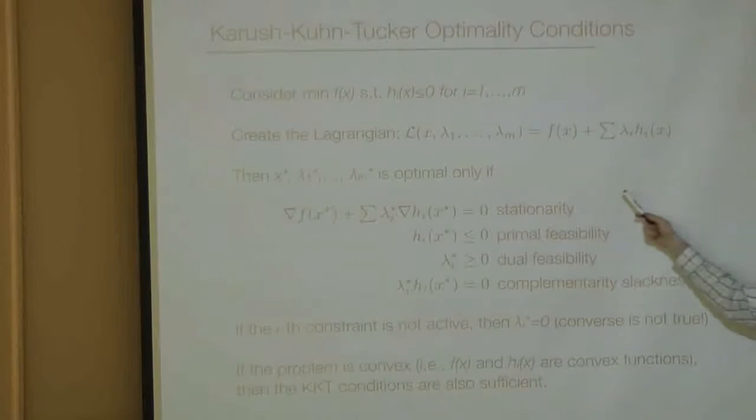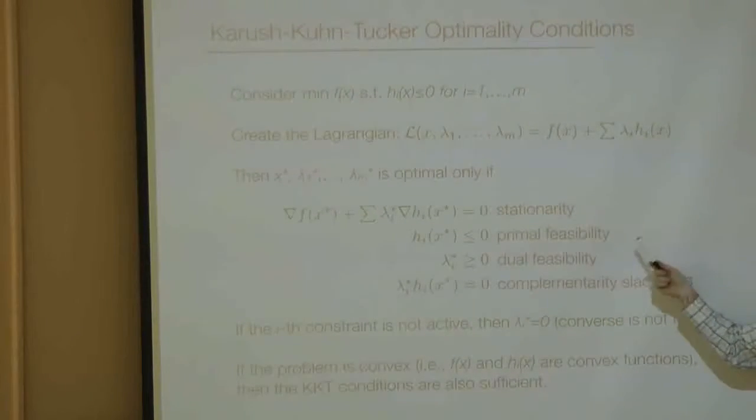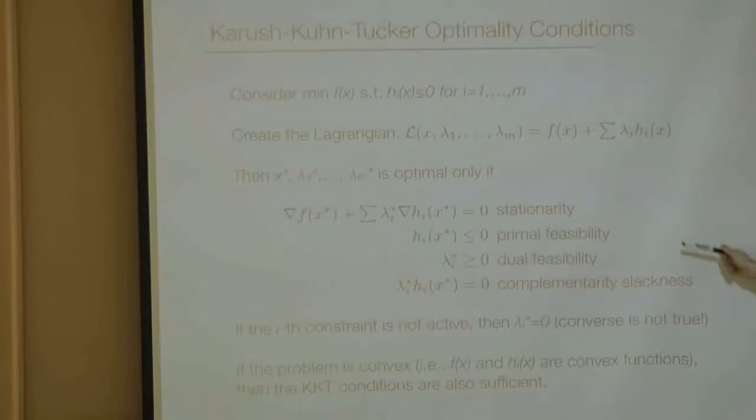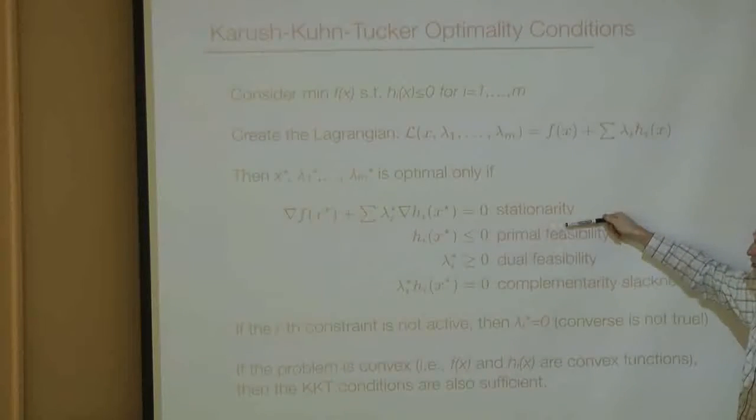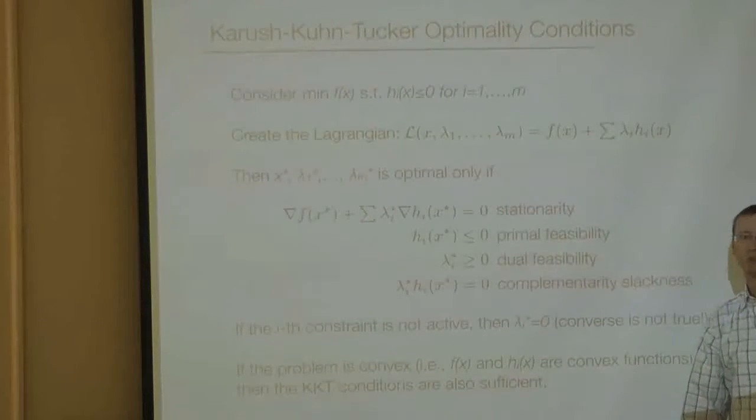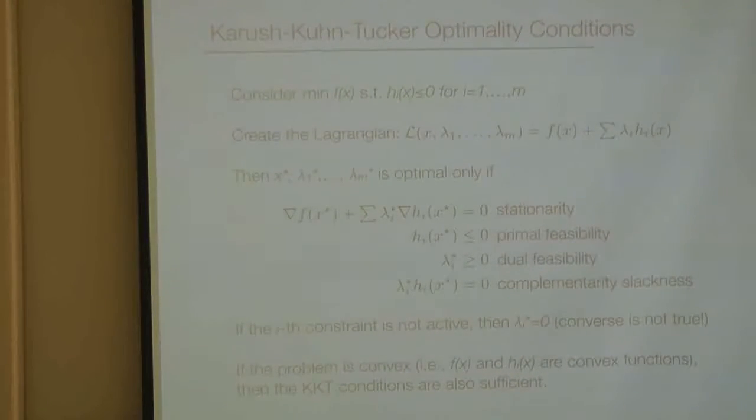However, these conditions in general are only necessary, which means that, yes, the optimal solution has to satisfy this set of equations and inequalities, but there can also be other points which are not optimal, and they will still satisfy this equation here. So they can be, for instance, saddle points or some other strange points in the solution space.